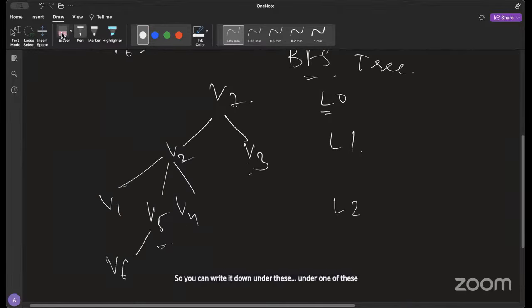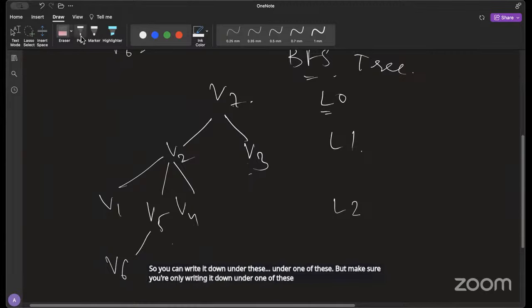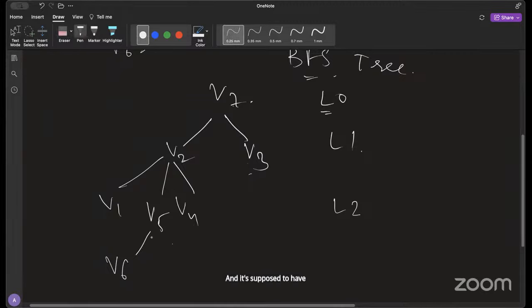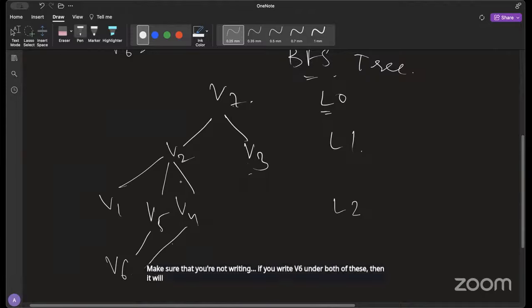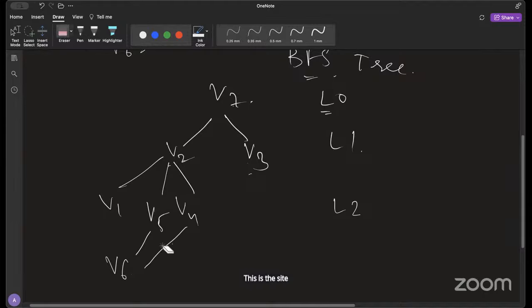But make sure you're only writing it down under one of these because it's a tree and it's not supposed to have any sightings. If you write V6 under both of these, then it will create a sighting here. So avoid any edge that forms a sighting. This will be level 3.